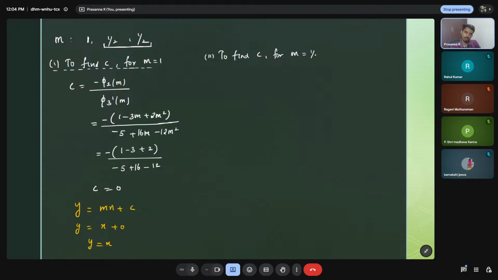for m is equal to 1 by 2, and we see that m is equal to 1 by 2 is repeated twice, right? It has equal roots if m is repeated twice.